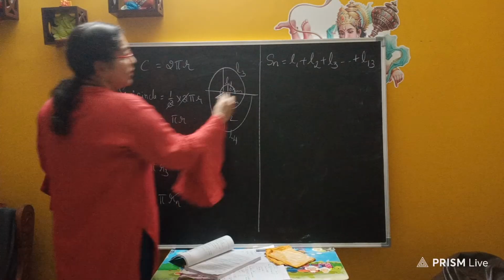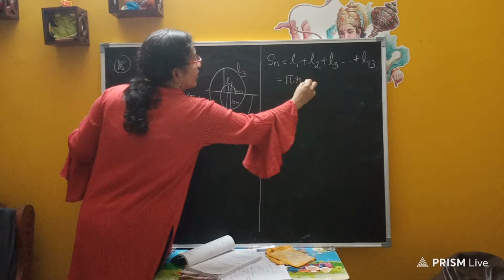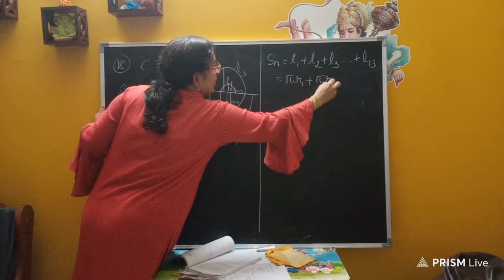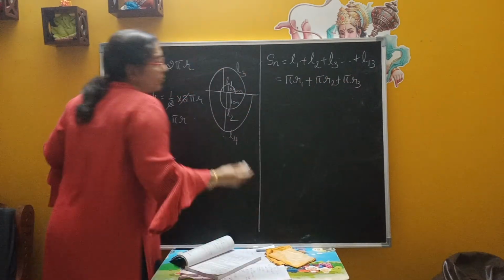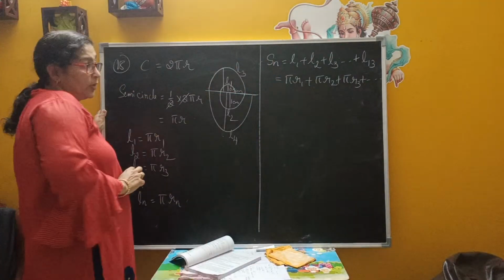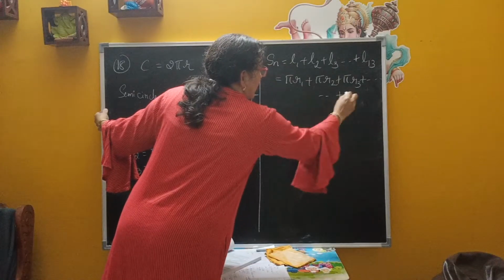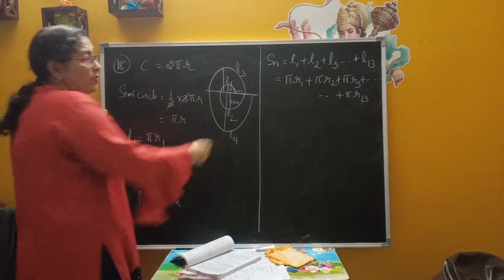So we write it is equal to pi r1 plus pi r2 plus pi r3 and so on till pi into r13. Which is common here?